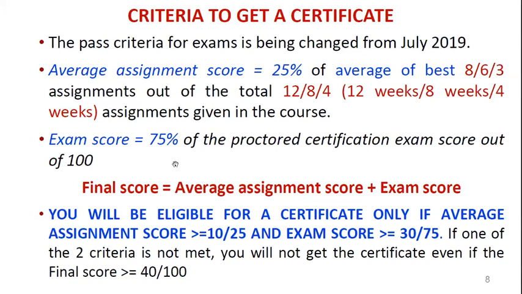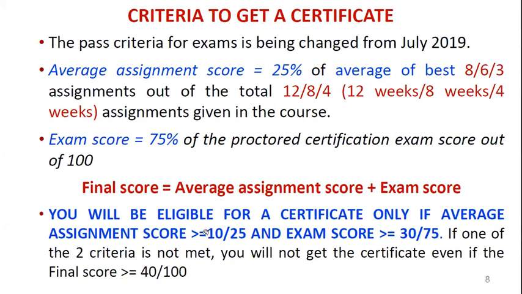If you secure 80 or 90 or 40 or 30, they will consider 75 percentage of that, and it will be added to the 25 percentage average of best from the assignment score. The final score is the average assignment score plus the exam score.